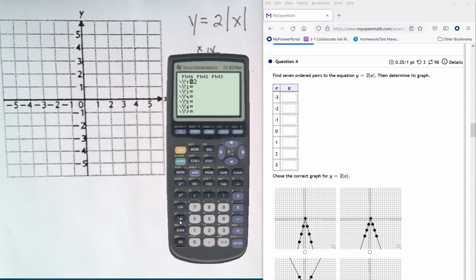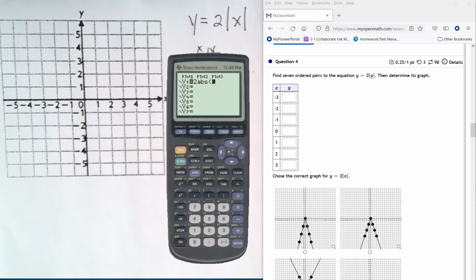Your symbol is under your math menu. And you have to go across this to number. So you want to make your cursor move across from math. So we'll use the arrow button to number. The first choice is absolute value. So I'll go ahead and put enter. And that puts my absolute value on there.